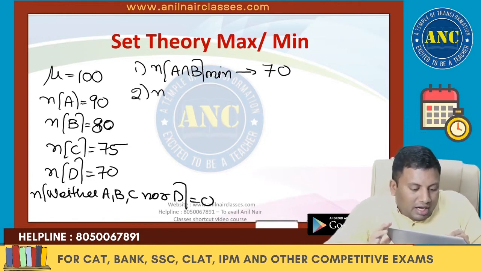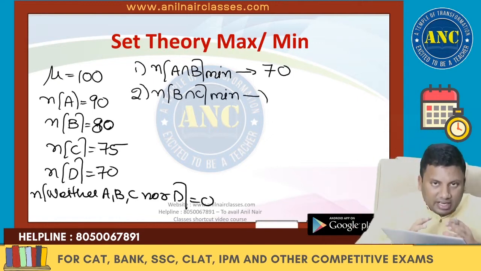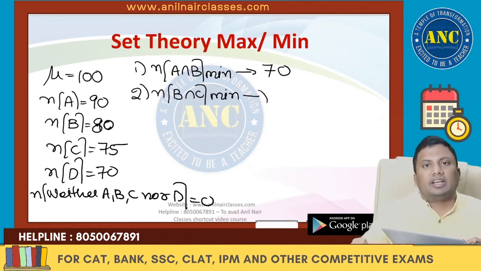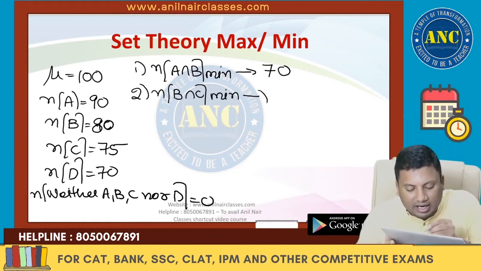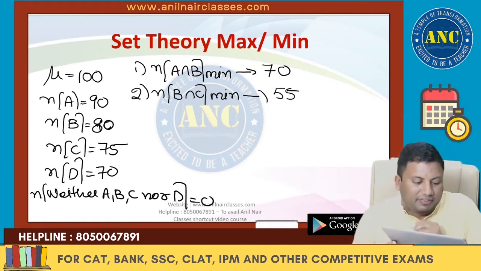Second one, N of B intersection C minimum. Intersection minimum, separate it, 80, 75, 155, outside it is 100, so the value will be 55.